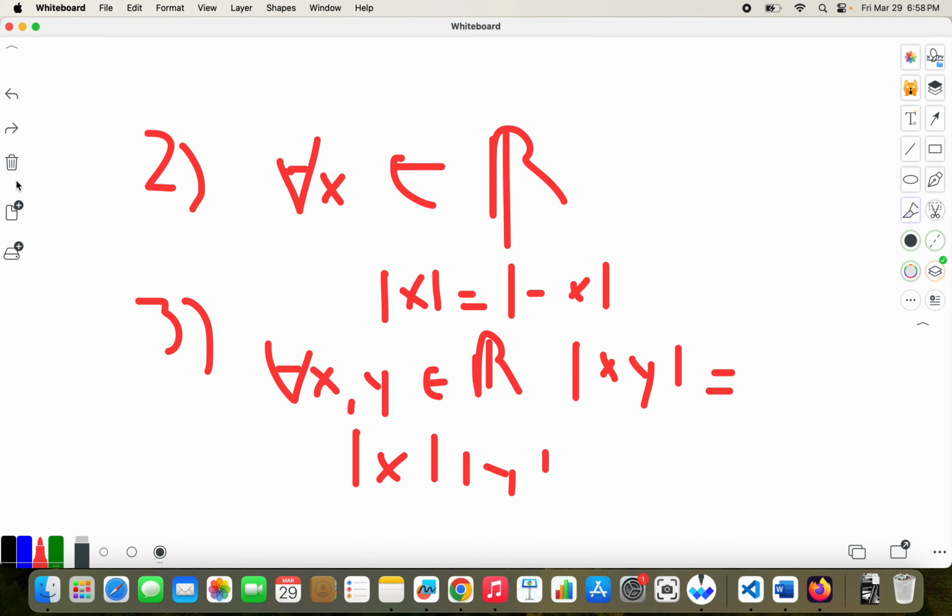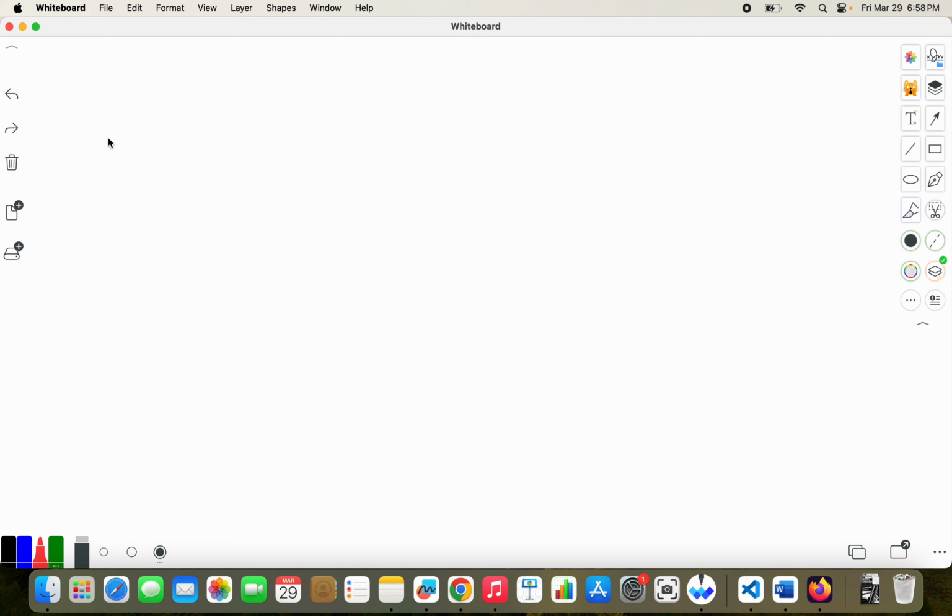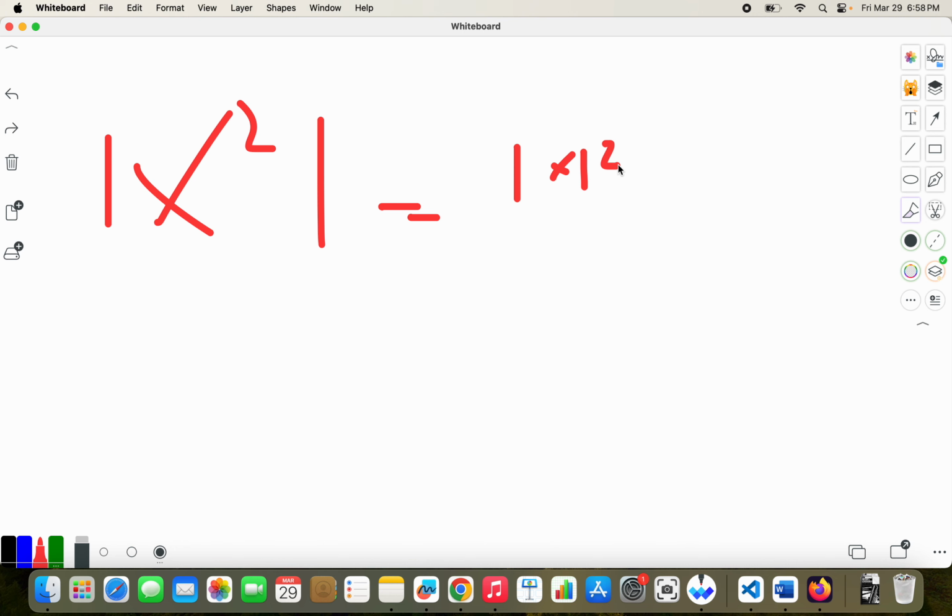Four is a special case of that, so I might not even mention it. And this is true for even powers, I'm pretty sure. Odd powers, I'm not going to think about it.